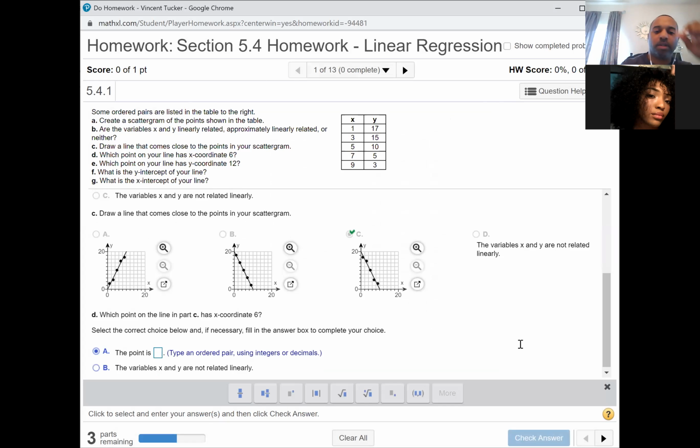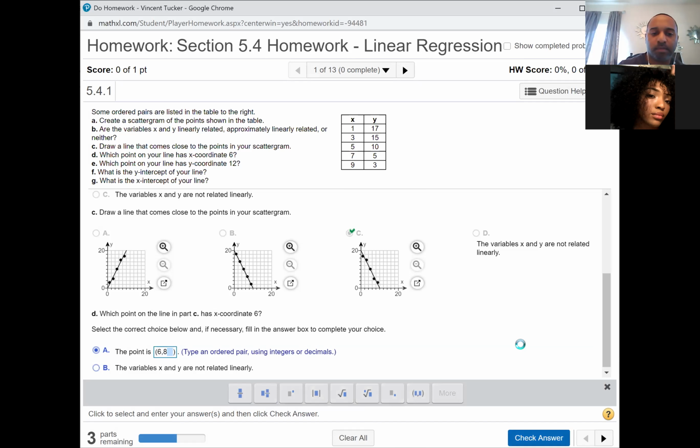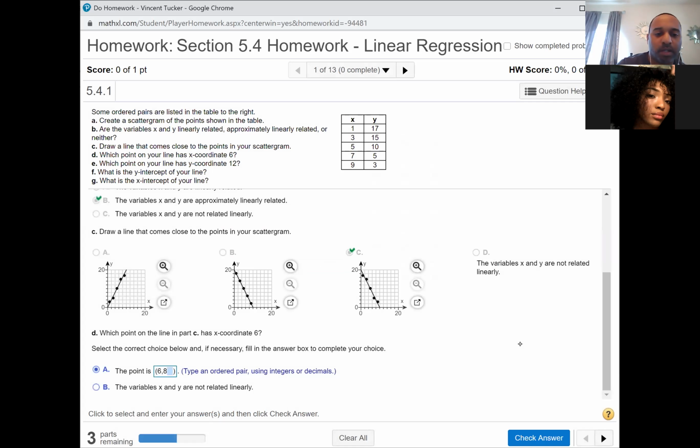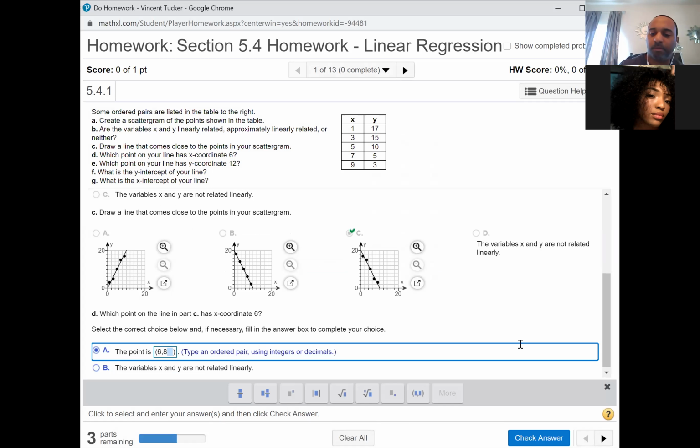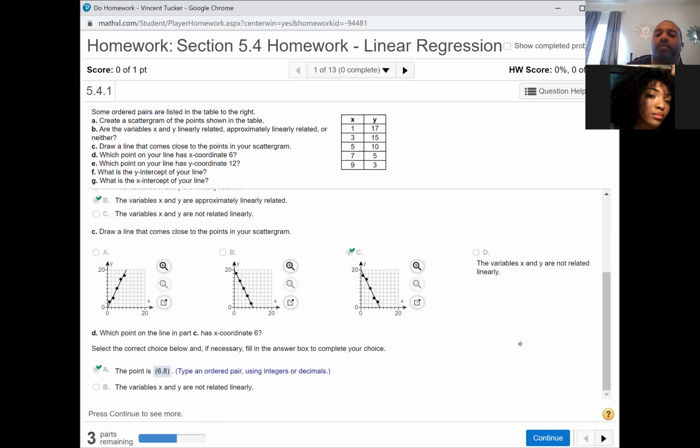So the ordered pair is going to be (6, 8). There you go. So (6, 8).